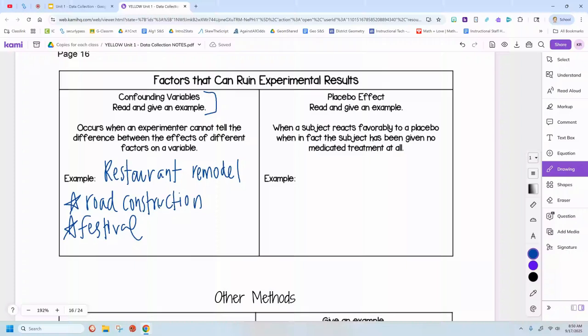Maybe there had been a crime committed somewhere in that neighborhood and so people were staying away. So it's not the beautification of the restaurant or the implementing new cooking equipment that affected the numbers. It was other things that affected the numbers. Okay, so it's kind of an example that's a little bit easier to understand.